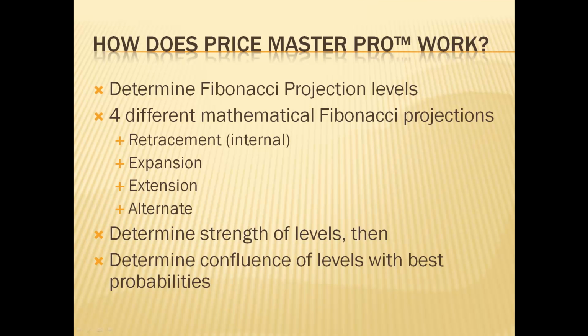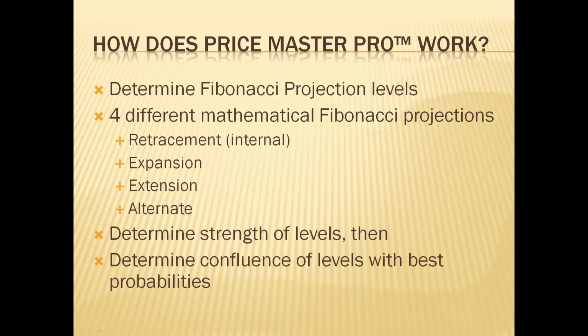Now, let me briefly go over how Price Master Pro works. This will only be a brief summary. To get the full details, I recommend viewing another video tutorial available in the support section at the site, entitled Introduction to PMP. In short, Price Master Pro reviews a defined period in history, on a specific time frame, to determine price swings in the market. Then it will artificially build higher time frames from those swings.